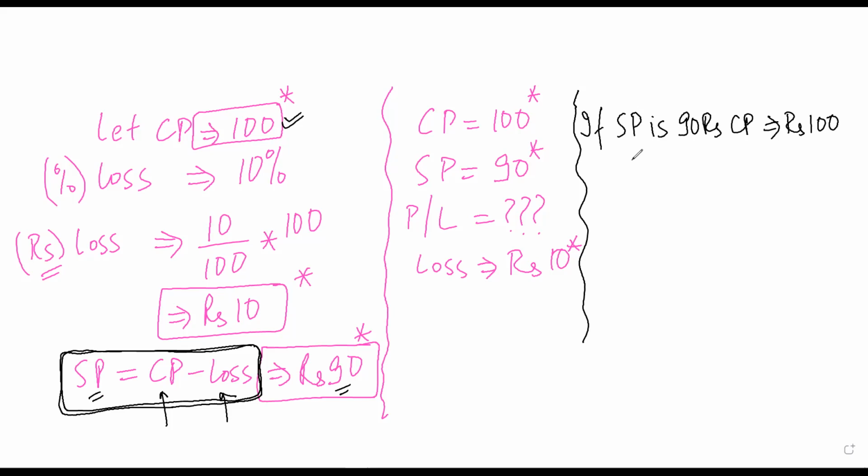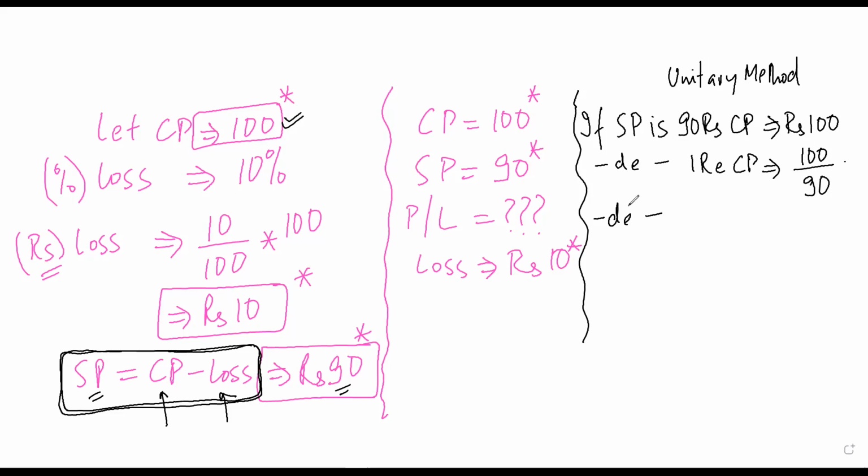No, sir. Now, if the selling price is 1 rupee, the cost price would be 100 upon 90, unitary method. Any doubt? No, sir. Now the actual selling price of the shopkeeper is 18,000.